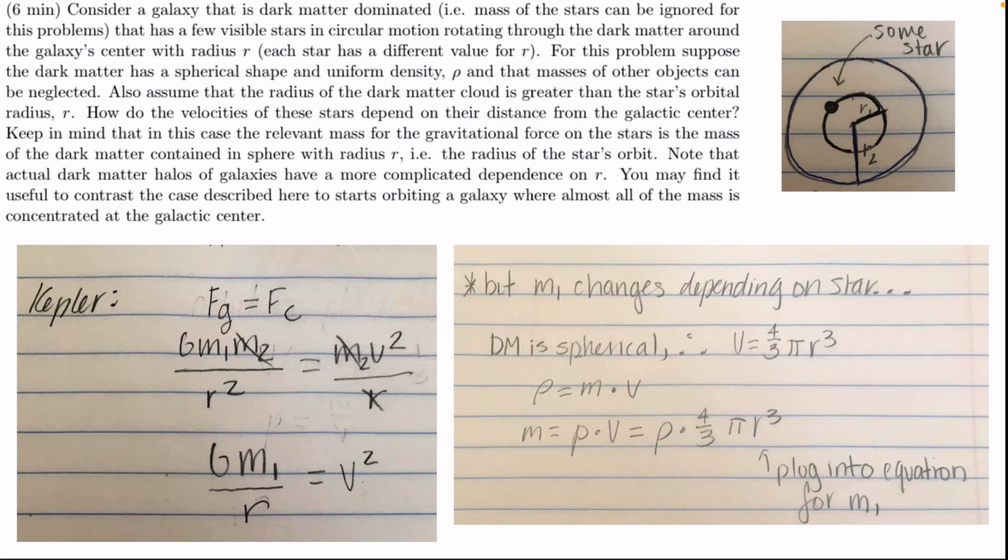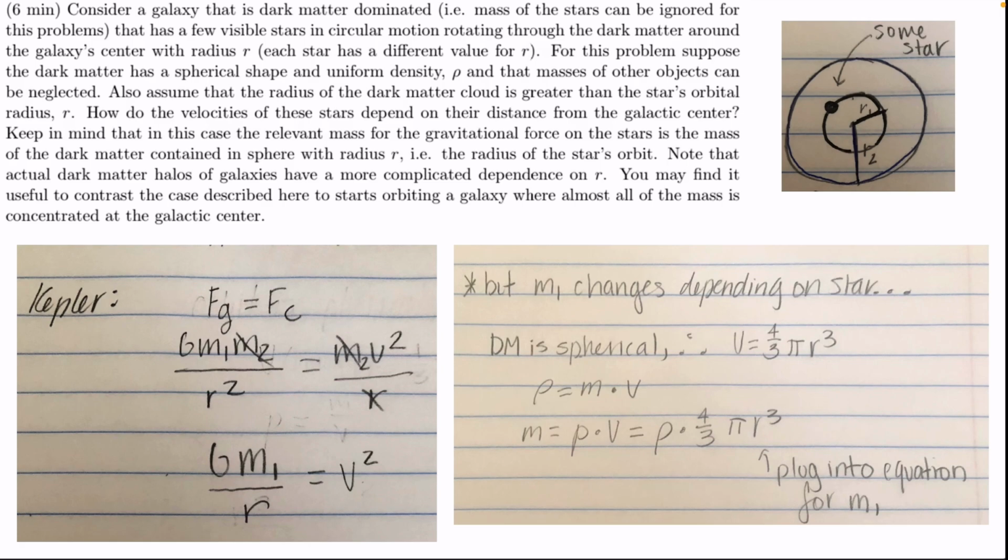And so density is going to be useful since mass plays a role. Since density is mass over volume, and we're trying to plug something in for m which accounts for the r that's going to affect it, we can rearrange that density equation and plug in that volume of a sphere. You can see I did that, making m equal to the density times 4/3 pi r cubed.